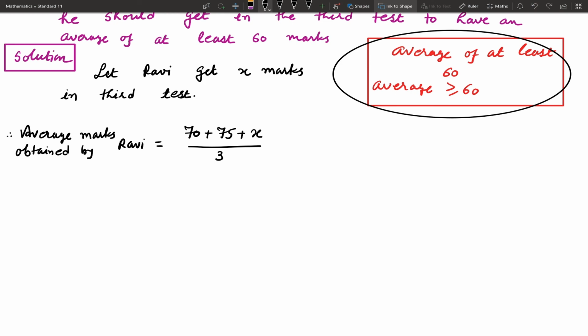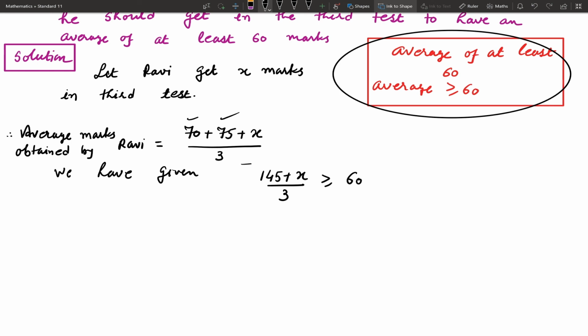So (70 plus 75, so 145, plus X) divided by 3 is at least 60, that means 60 or greater than or equal to 60.